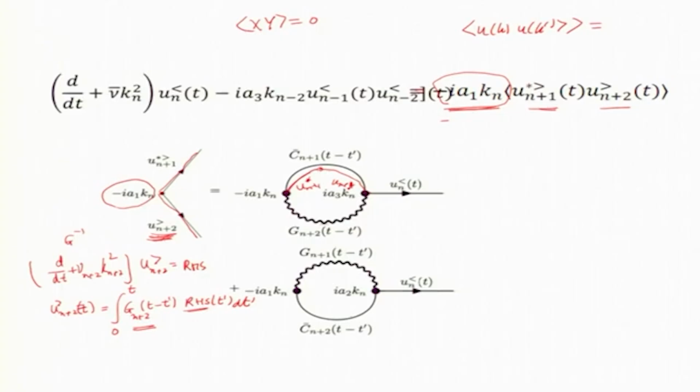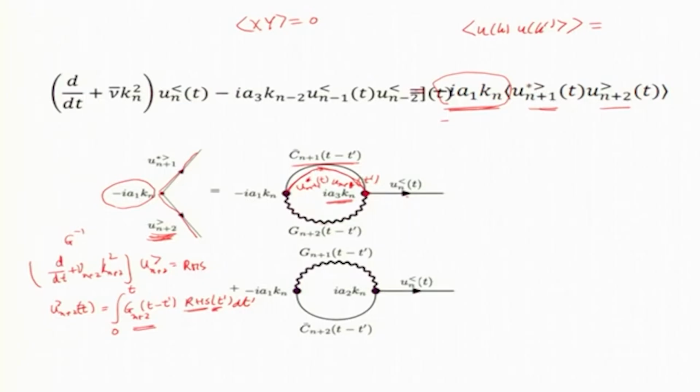So, what should be the other term? RHS has 3 terms, the one which will be non-zero will be u n plus 1 and u n, and the vortex is I3 kn. Okay. So, this is the vortex here, I3 kn, one term u n plus 1 and it goes with the complex conjugate. So, that will give me a correlation function T n plus 1 t. So, this is time t and this is time t prime. Remember, this is time t prime. So, these are bookkeeping, you have to just do it carefully and then you get it right.